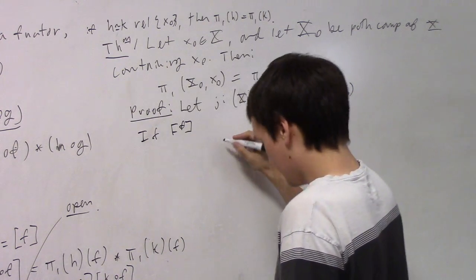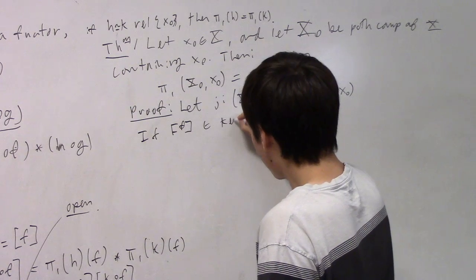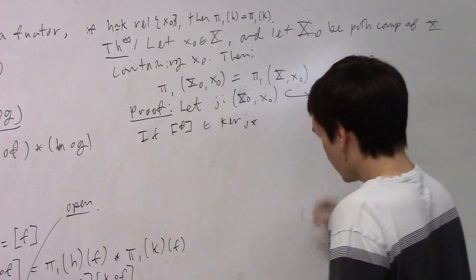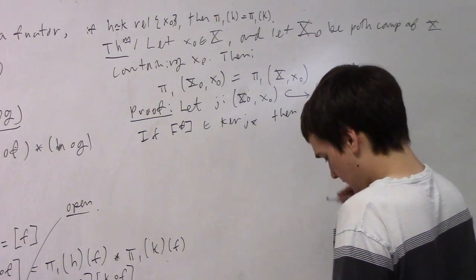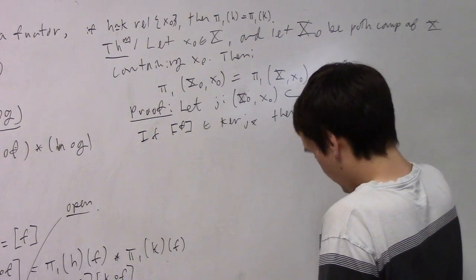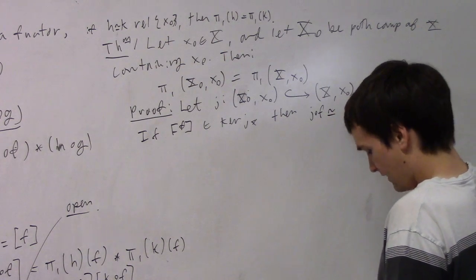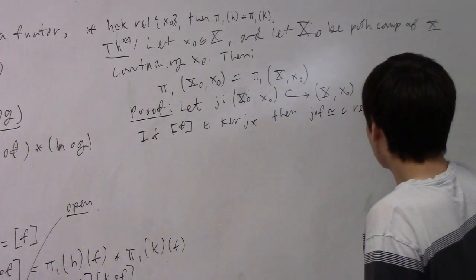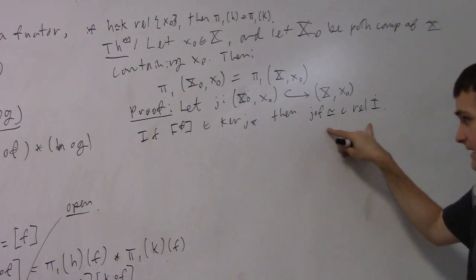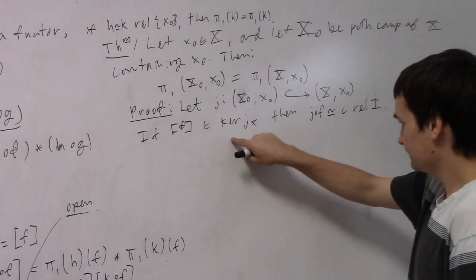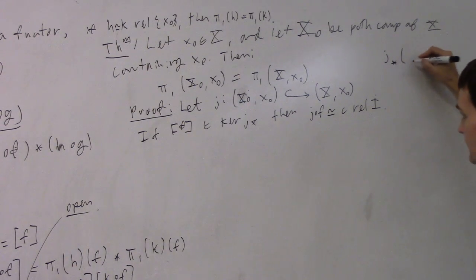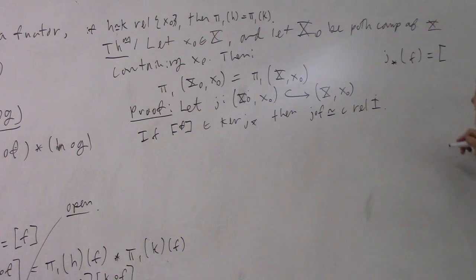So they say, if this path class is in the kernel of the induced map, then we have J of f homotopic to some constant, rel I. And that's because, by definition, J star of f is equal to the path class of J of f.